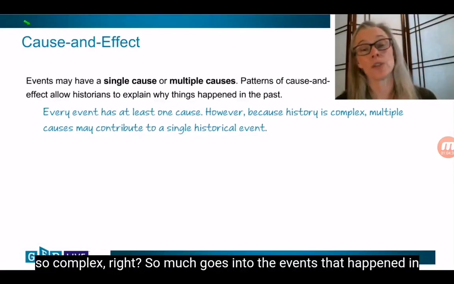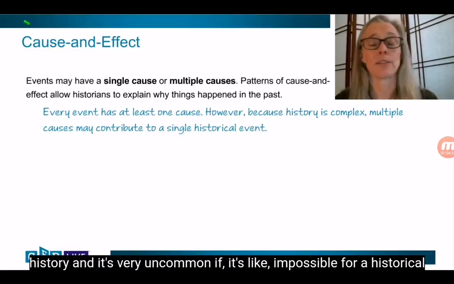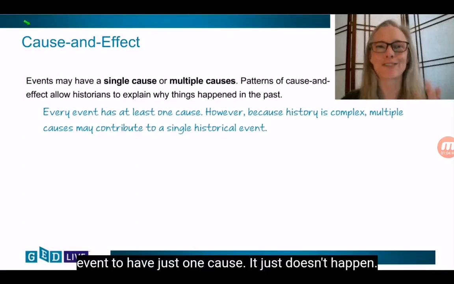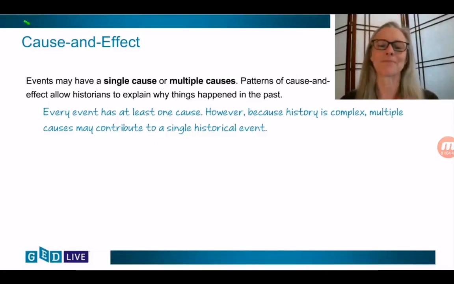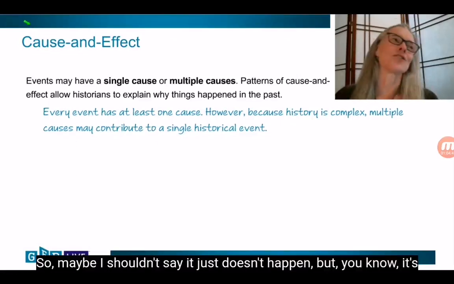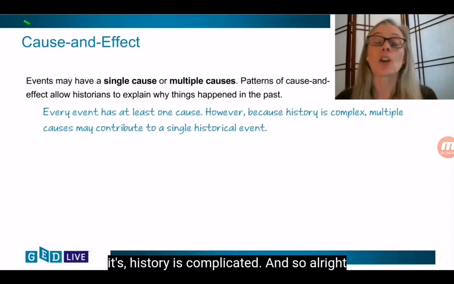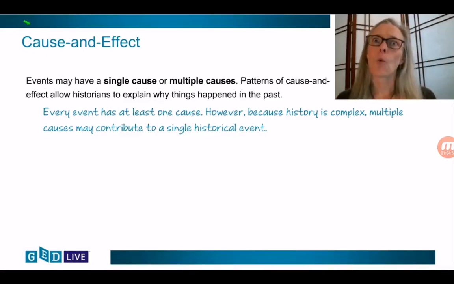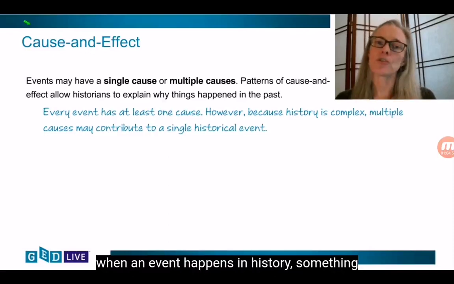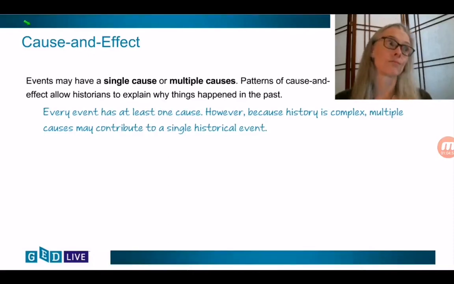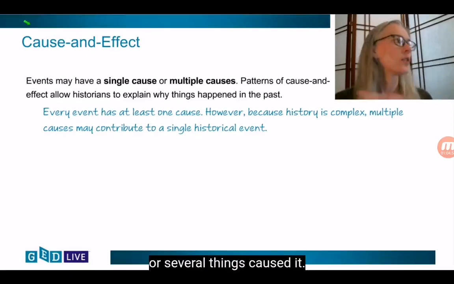So much goes into the events that happen in history, and it's very uncommon, if not impossible, for a historical event to have just one cause. It just doesn't happen. Maybe I shouldn't say it just doesn't happen, but history is complicated. And so, when an event happens in history, something caused it, or several things caused it.